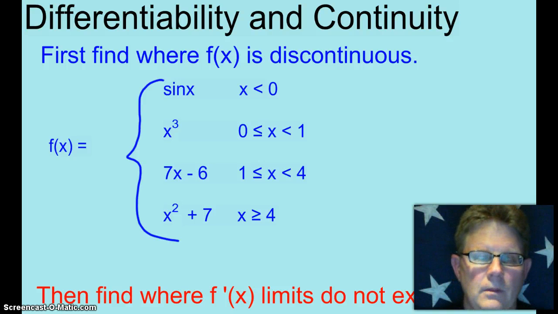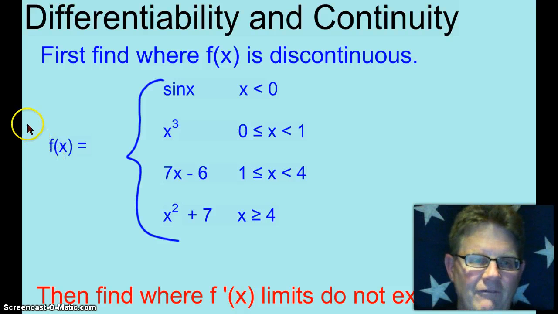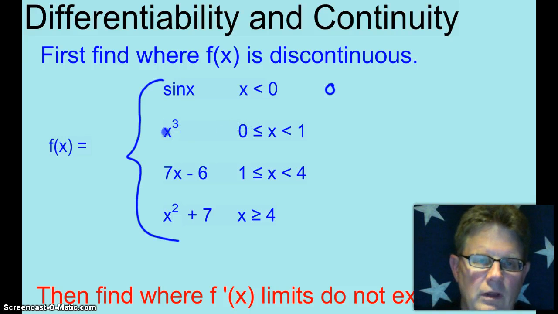Okay. Differentiability and continuity. First, we're going to find out if f of x is discontinuous anywhere. So we have to evaluate sine of 0. Sine of 0 is 0. Now we have to figure out this piecewise function. Let's try the 0 end first. 0 cubed, 0.